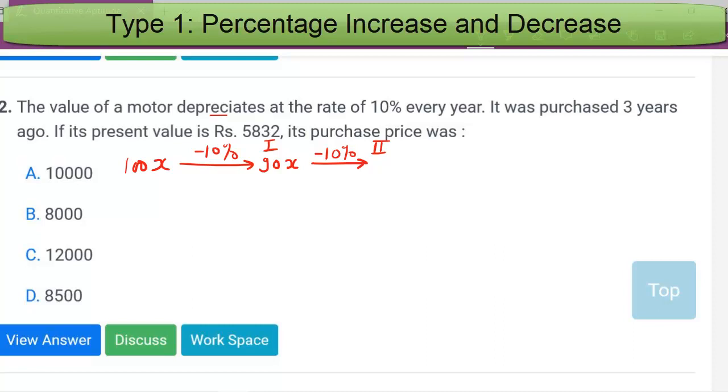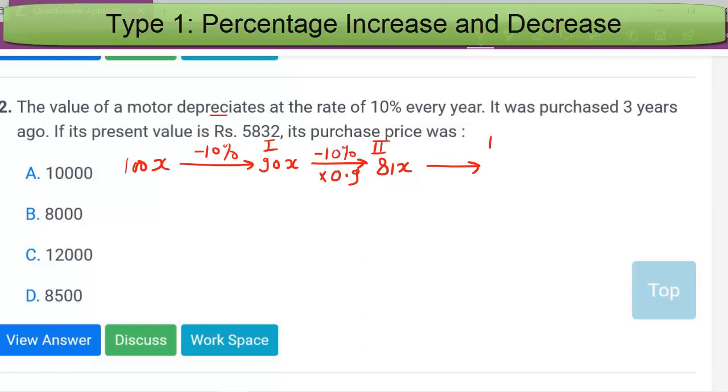In order to get the value after 2 years, I can multiply the previous value by 0.9. Why am I doing this? Because if 10% depreciates, then 90% is left, so I multiply 90x by 0.9 and get 81x, right?